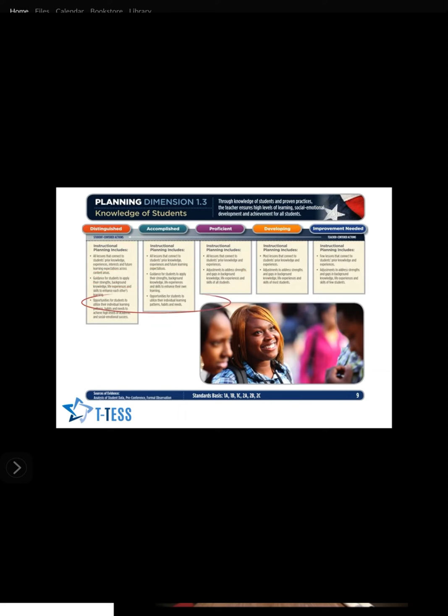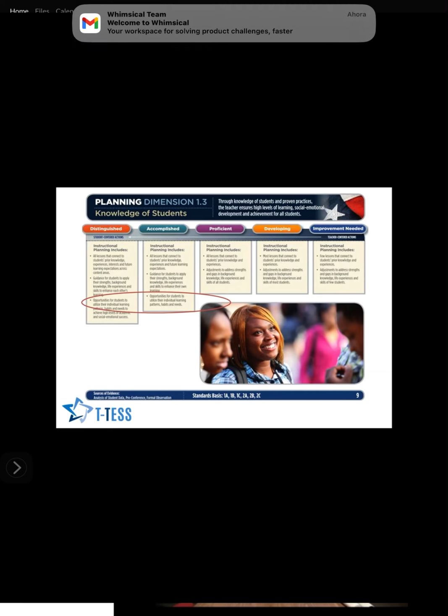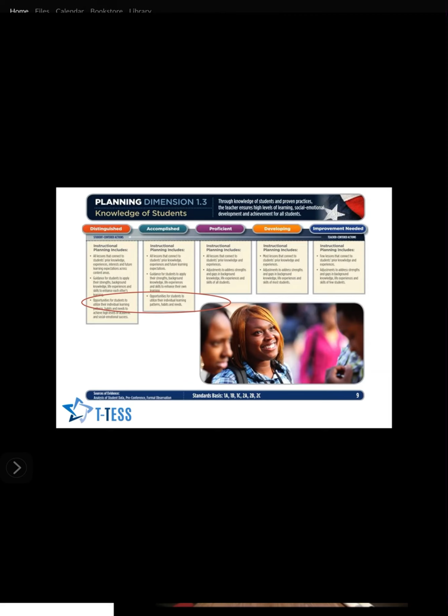The last set of descriptors tell us that there are opportunities for students to capitalize on their unique learning qualities as a means to achieve success by highlighting student styles, their patterns, habits, and needs.